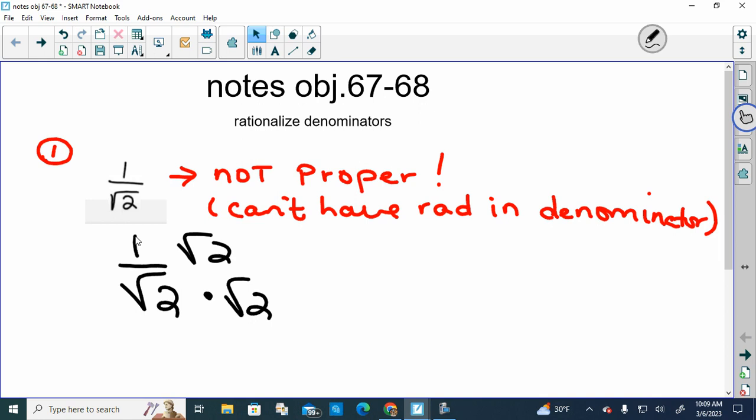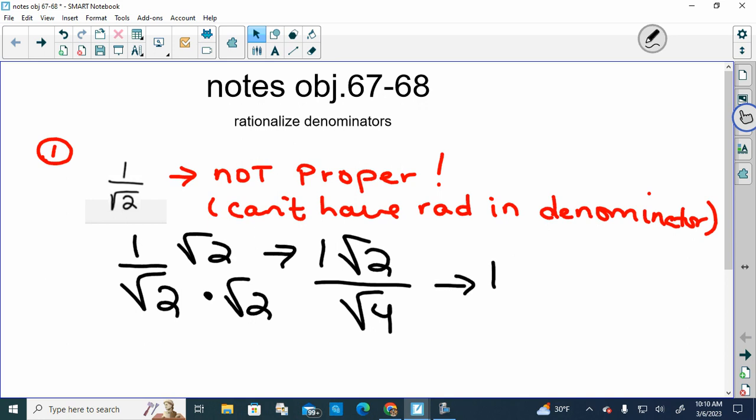Remember, whole numbers, I know this isn't one, but this times this is going to stay on the outside, right? We wouldn't put it on the inside. So if that was a 3, I wouldn't write rad 6, right? It'd be 3 rad 2. Just going straight across, the whole number stays on the outside, times rad 2. And then on the bottom, we would have rad 4, which we just said the square root of 4 is 2.